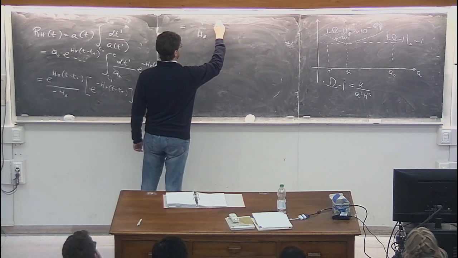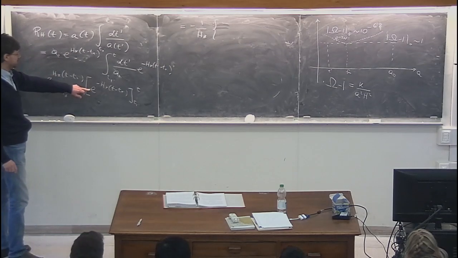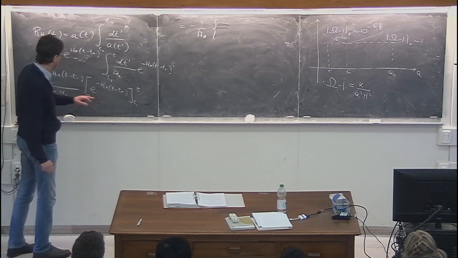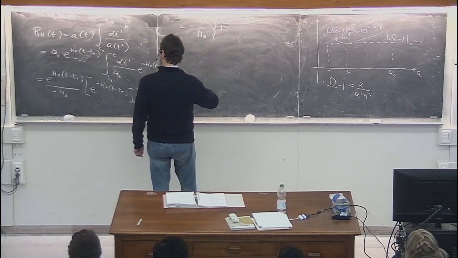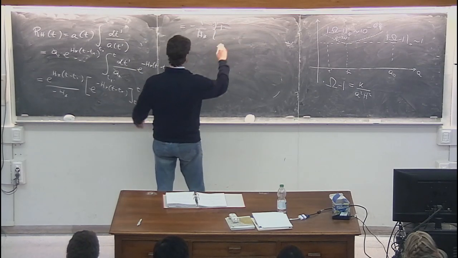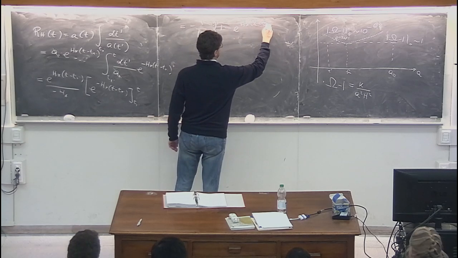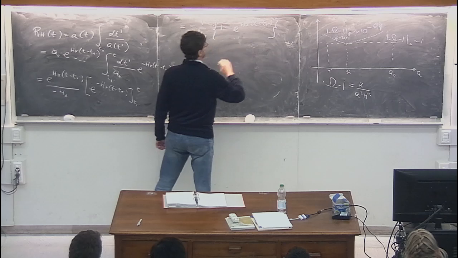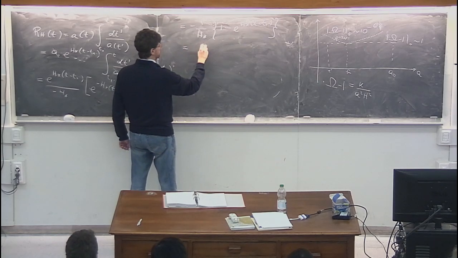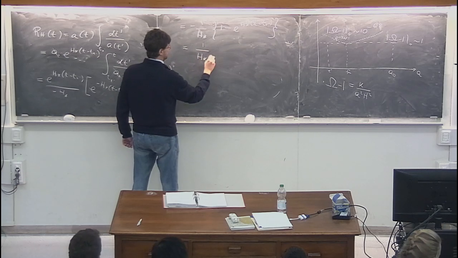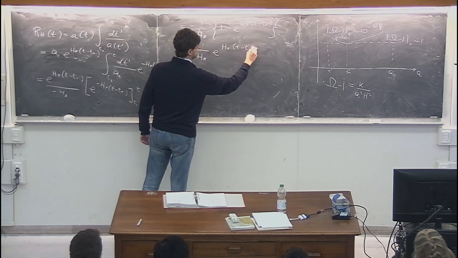And here what I get is the following. When I multiply this and evaluate at t, I get 1, minus e to the H star (t minus t_i). Okay, and if this is large, of course, I will get that this is of order 1 over H star e to the H star (t minus t_i).